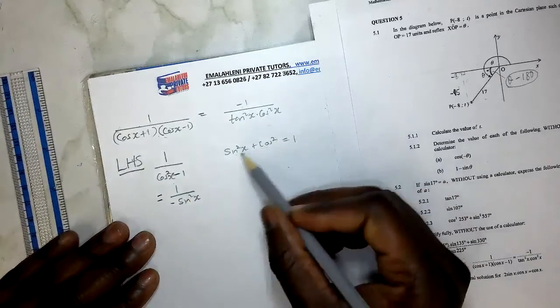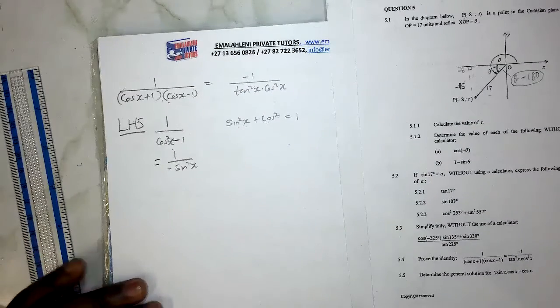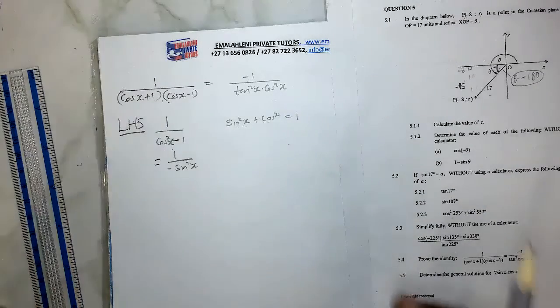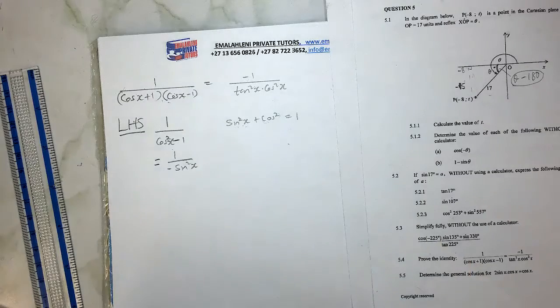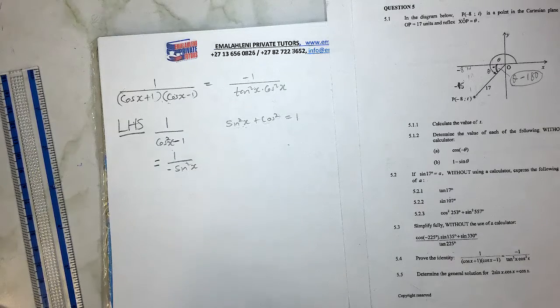So now, when you've got negative sine squared x, we take it from there. We have negative 1 over sine squared x. Now we come back again and you use what you call modification. When you are modifying, you are putting something that is equal to 1, so 1 doesn't change anything.